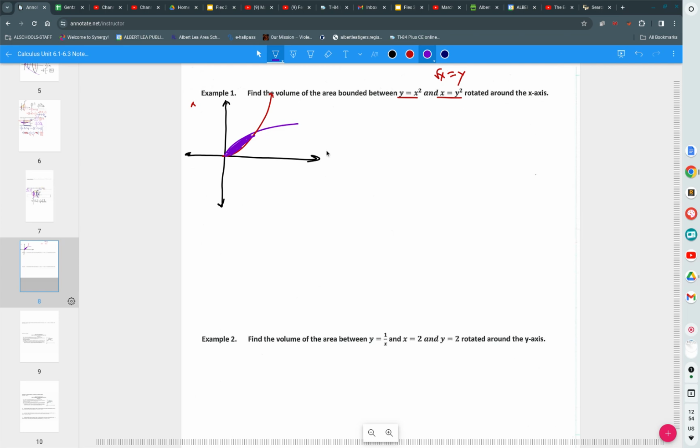As I rotate it around, I have this region down here.